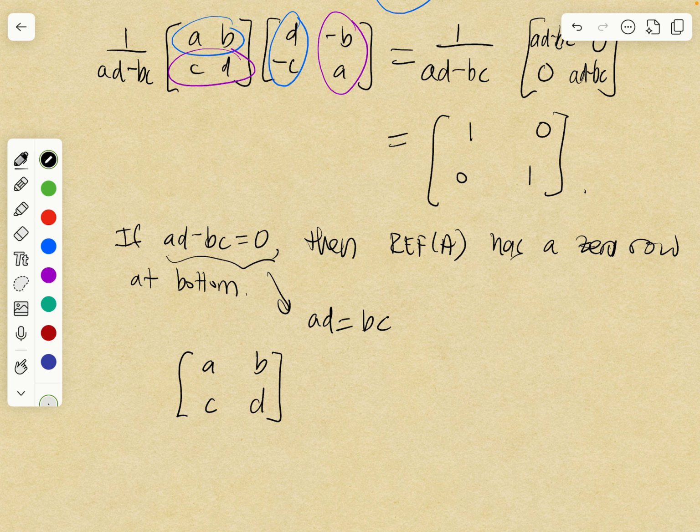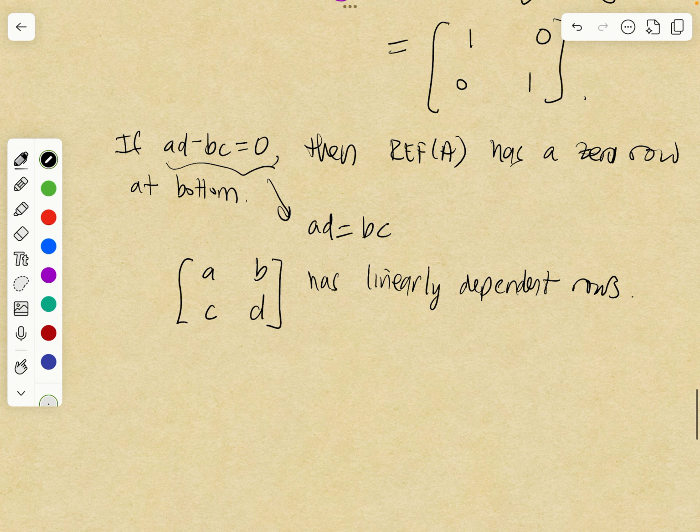But basically what happens is that CD will be a scalar multiple of AB, or AB will be a scalar multiple of CD. Right, so this has linearly dependent rows. And you can look at the different possibilities.